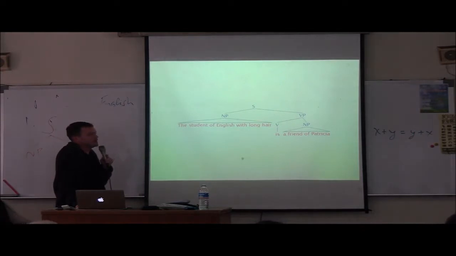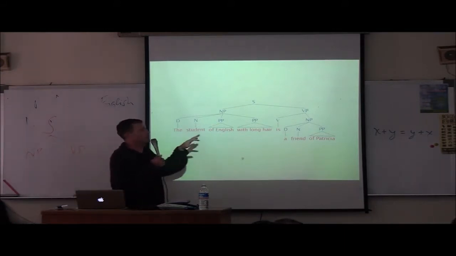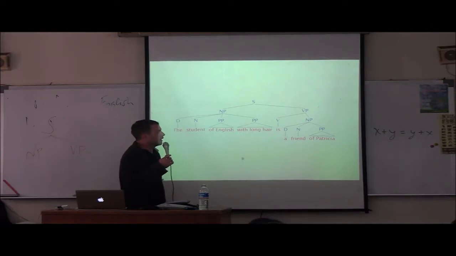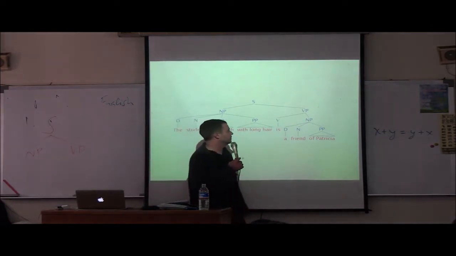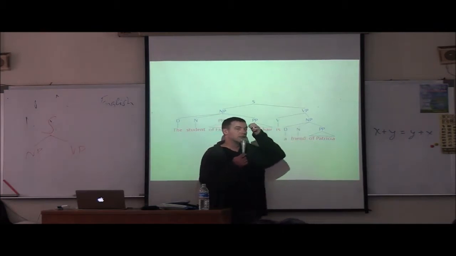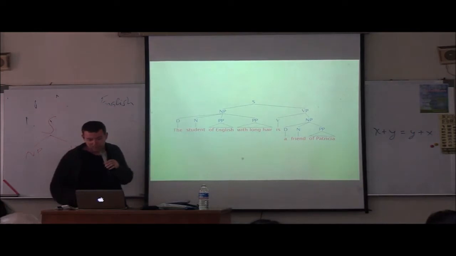If you wanted to break it down and abbreviate a bit less, you know that of English with long hair and are all part of this NP that modify the head students. A friend of Patricia is a determiner, a noun, and obviously a PP modifier. We haven't even done X-bar yet.